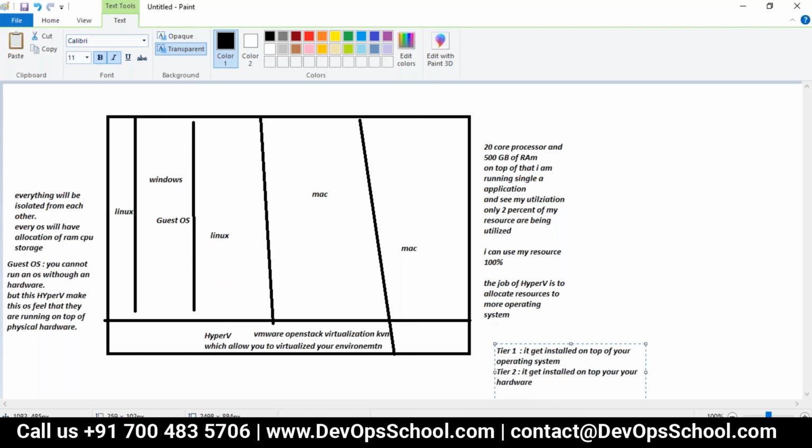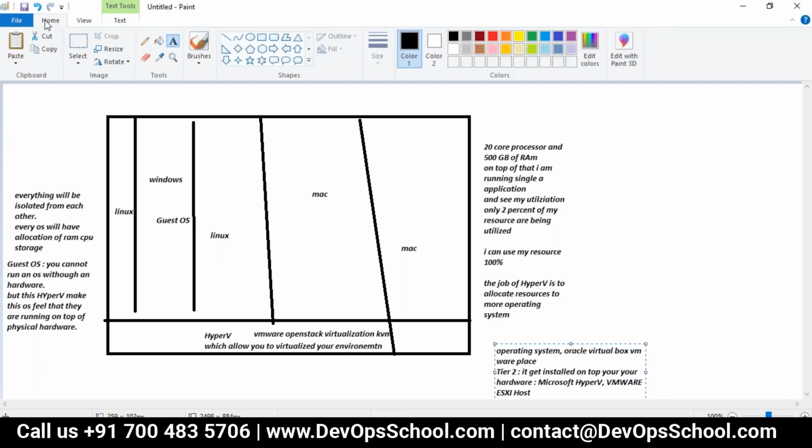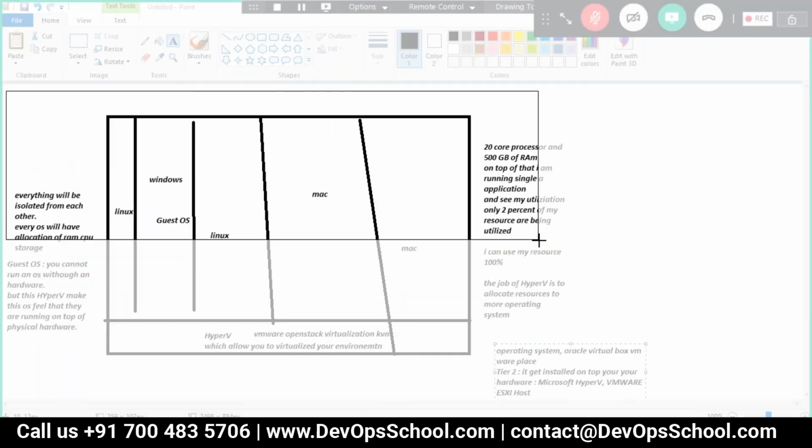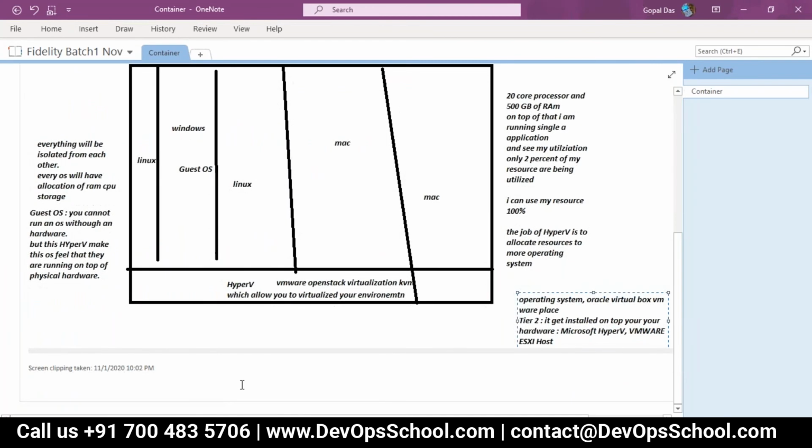Like Oracle VirtualBox or VM Player are tier 2, while Microsoft Hyper-V or VMware ESXi host are tier 1. One gets installed on top of your physical hardware. The other gets installed on top of your operating system. Clear what is Hyper-V now?